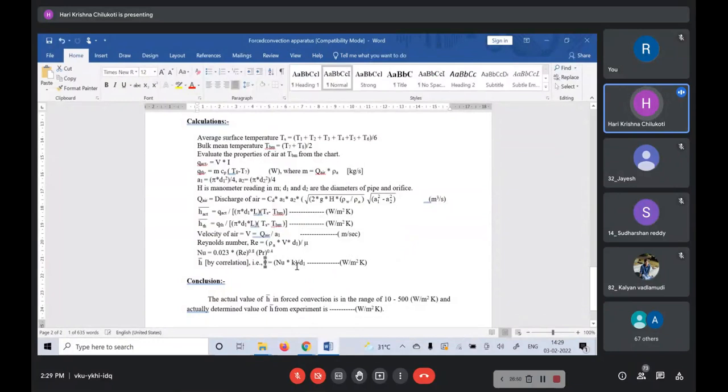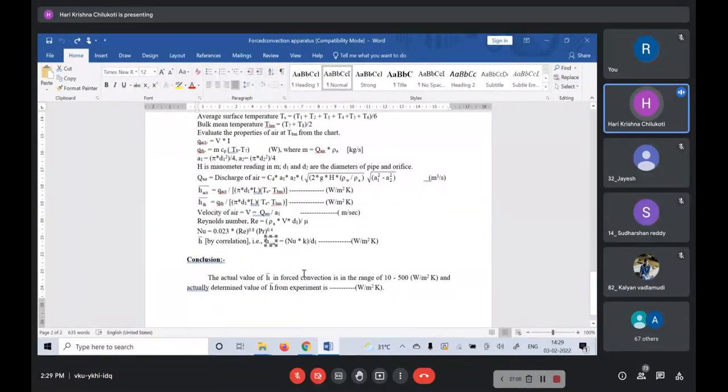In this fashion, we can calculate the forced convective heat transfer coefficient from the empirical relation. Then we can see what is the difference between the convective heat transfer coefficient obtained from the experiment and that obtained from the empirical relations. Usually, empirical relations are commonly used in the design of heat transfer equipment.